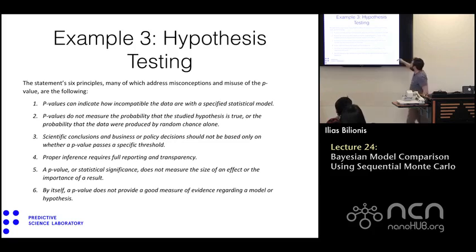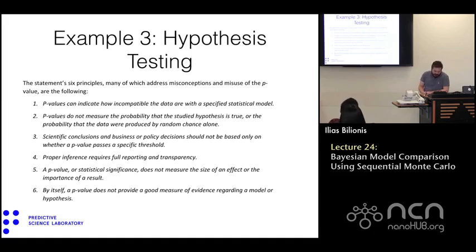Another thing, and it's striking, is that scientific conclusions and business or policy decisions should not be based only on whether a p-value passes a specific threshold. And guess what happens in the majority of scientific literature? Conclusions are based on p-values.